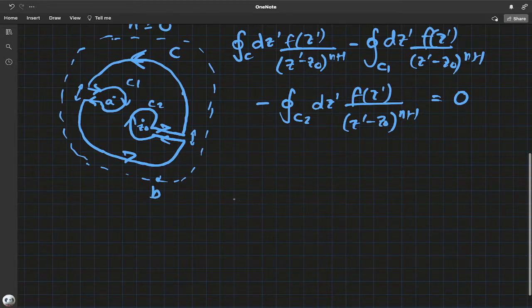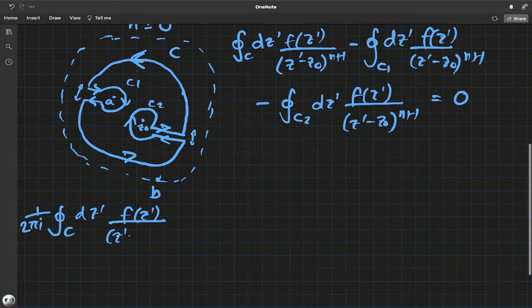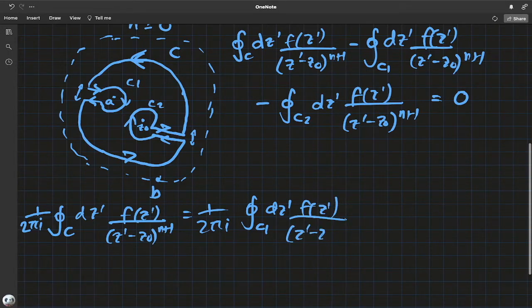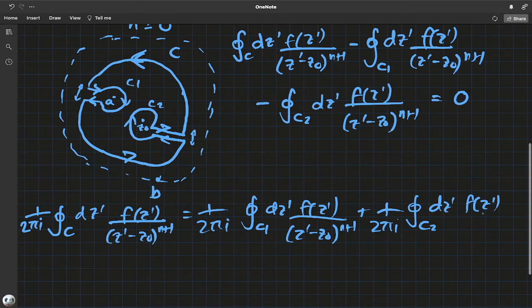So instead of the contour integral over C of 1 over 2 pi i dz prime f of z prime over z prime minus z naught to the n plus 1, we can substitute 1 over 2 pi i integral over C1 dz prime f of z prime over z prime minus z naught to the n plus first, plus 1 over 2 pi i integral over C2 dz prime f of z prime over z prime minus z naught to the n plus 1.